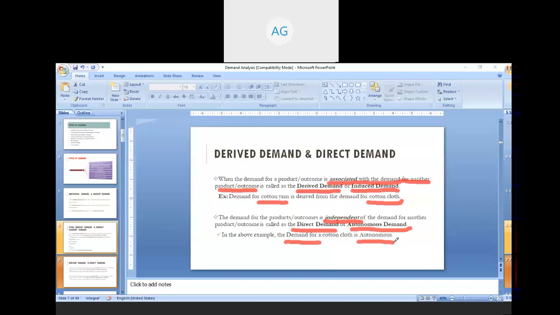But once you know that cotton cloth is made from cotton yarn, the cotton yarn demand is also more. But the direct demand is not for the cotton yarn, the direct demand is for the cotton cloth. So these are the slight differences between derived demand and direct demand.